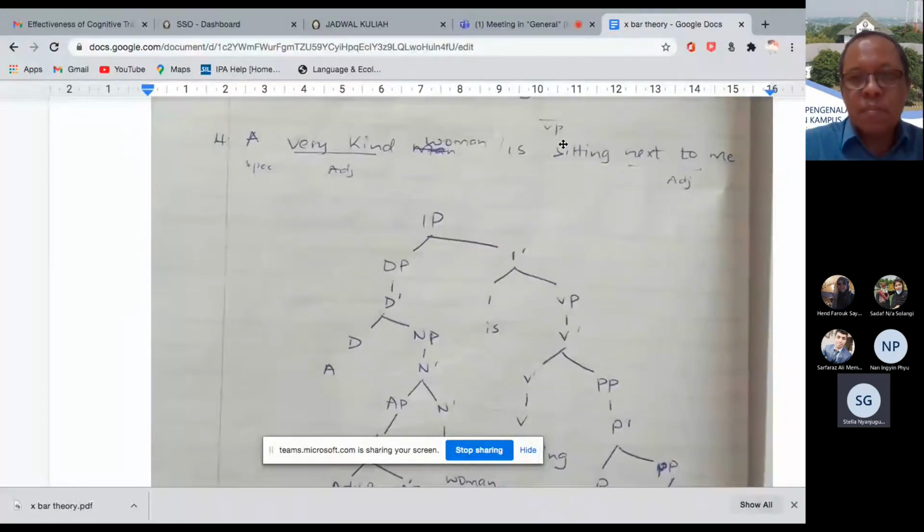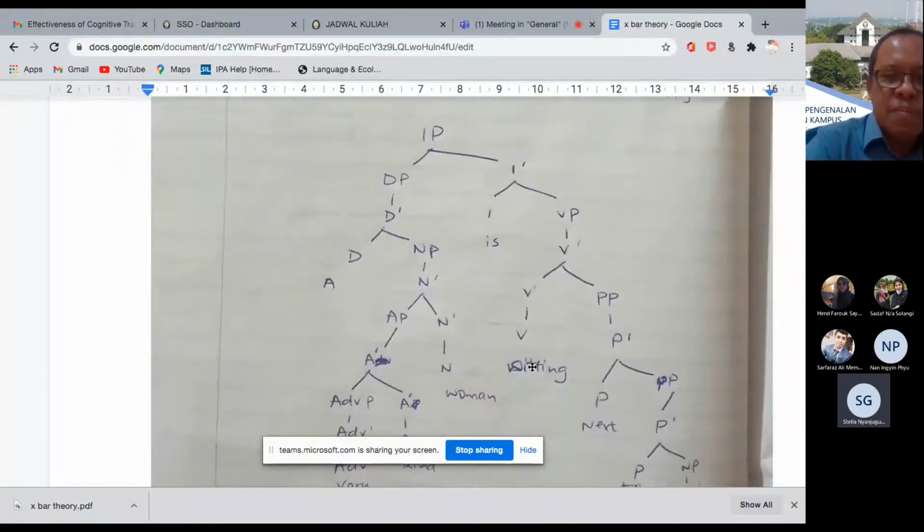Under the V bar, "next to me" is not even an object, it's just a prepositional phrase, so you can treat it as an adjunct. The position comes as you have told us. We have the mother node as the V bar, and the sister node as the V bar also, so we have to put our adjunct here.